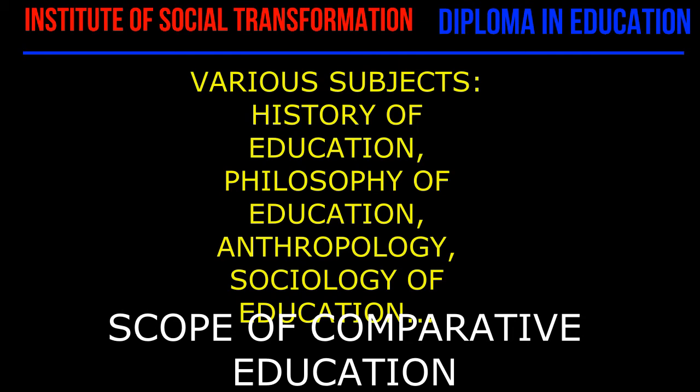However, subjects from where comparative education draws its contents include the following: history of education, philosophy of education, sociology of education, anthropology, economics, geography, psychology, statistics, literature, political geography, political science, and international relations.